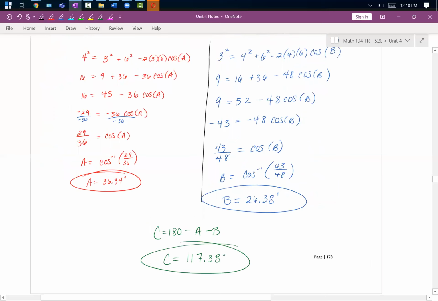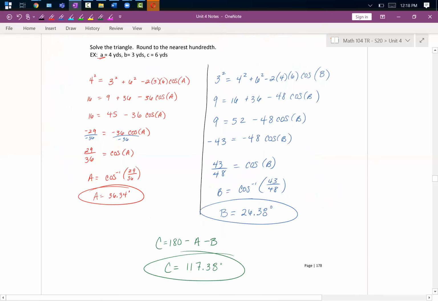Isn't it 2/8? Yes, it is. There we go. Questions, anybody, on the law of cosines?